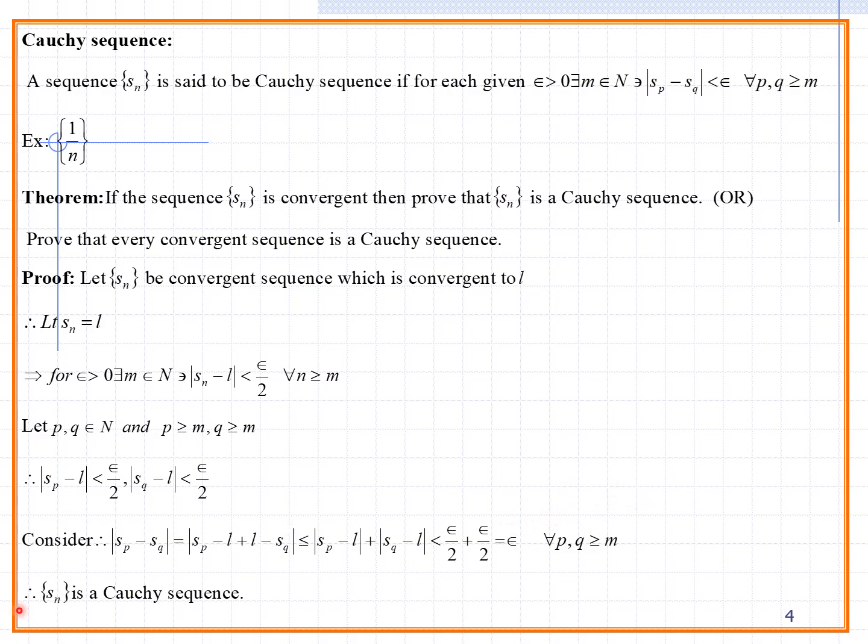Then Sn is a Cauchy sequence. Cauchy sequence means Sp minus Sq is less than epsilon. You take the individual convergence property, then merge the two, and it looks like a Cauchy sequence. Remember that Sn is convergent, so the nearby values also look convergent. That is a Cauchy sequence.